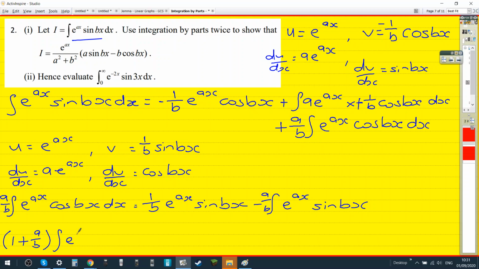The integral of e to the ax sine bx dx. Okay, let's get this one right. Minus 1 over b e to the ax cos bx plus the integral. Hang on, did we just do the integral? Oh yeah, it's just plus 1 over b e to the ax sine bx.